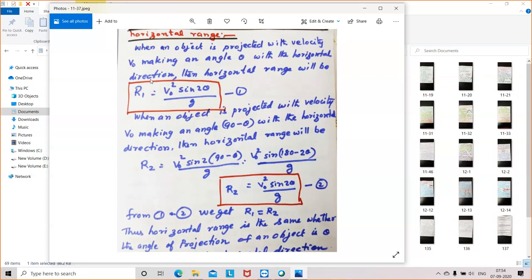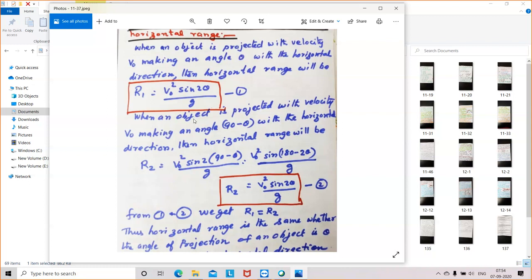You see, for an angle of projection theta, the range is v0 square sine 2 theta by g. For an angle of projection 90 minus theta, we also got the same horizontal range. So what we can conclude is that there are two angles of projection for the same horizontal range.